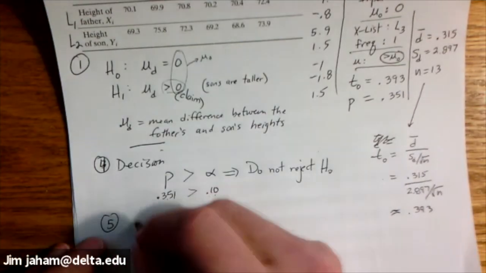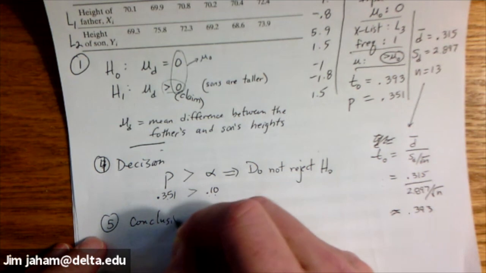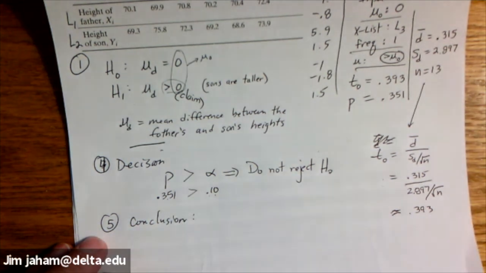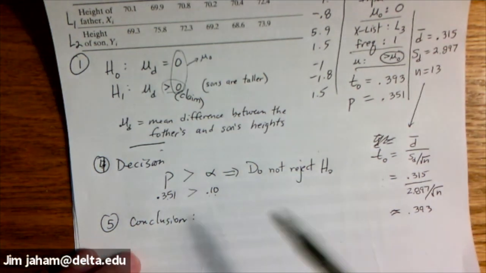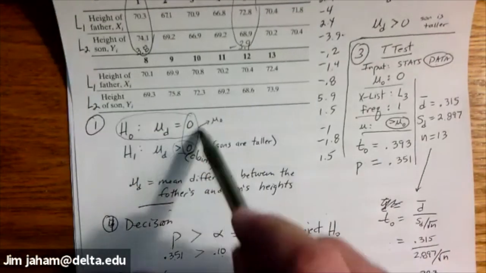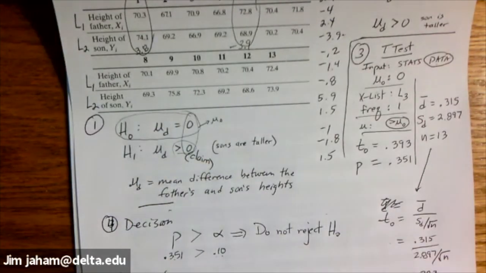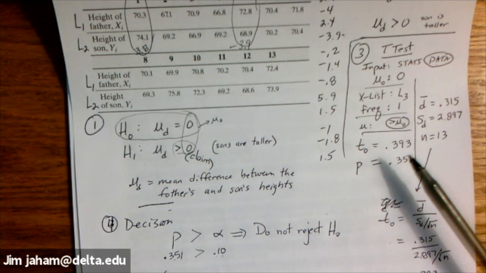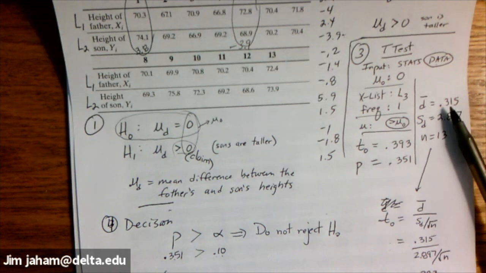And then 5 is the conclusion, where we interpret the decision. So we're not going to reject. So this idea that the mean of the differences is 0, that there is no difference between the heights of sons and fathers, even though we found on average about 1/3 of an inch, that difference that we observed is not, as we call, statistically significant.